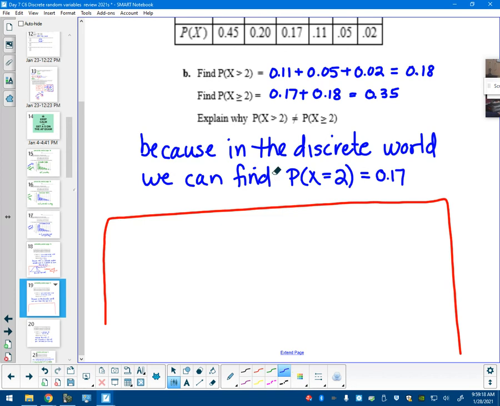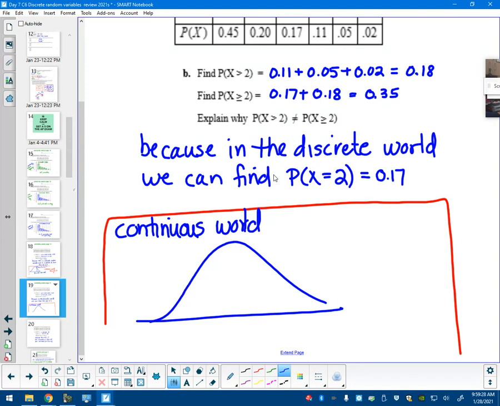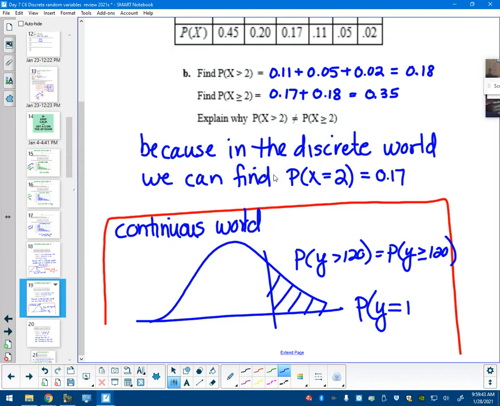So in the continuous world, which has an L, like a normal curve, if I wanted to find, like we did yesterday, the probability that y is greater than 120, that's identical to the probability that y is greater than or equal to 120, because the probability that y is exactly equal to 120 is 0, because the area of a line segment is 0. You can't find the area of a line, it's single dimensional.